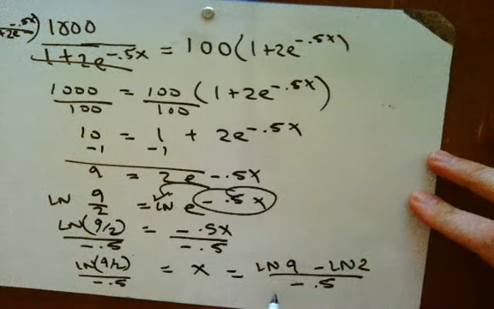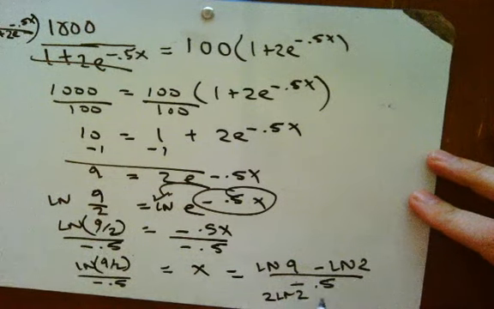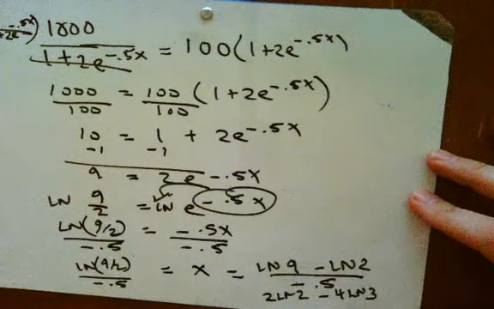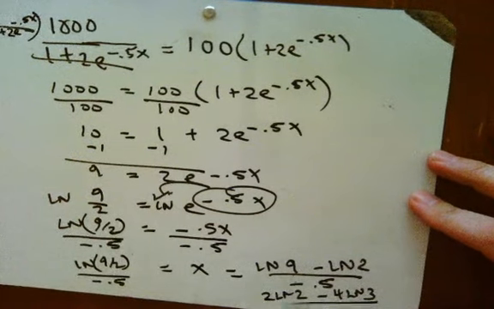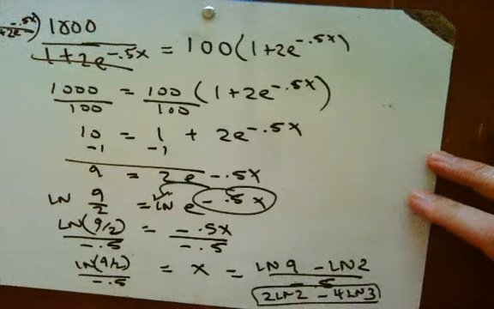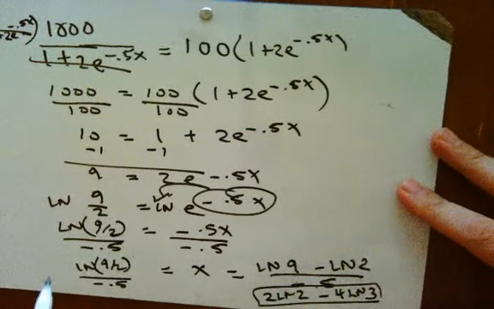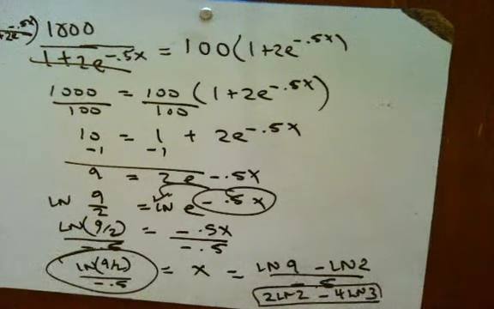If you want to use your log properties to rewrite this as ln of 9 minus ln of 2 over negative 0.5, you can. You can even break this down into 2 ln of 3 using your power property. But I really don't find the need to do that. You can if you like.